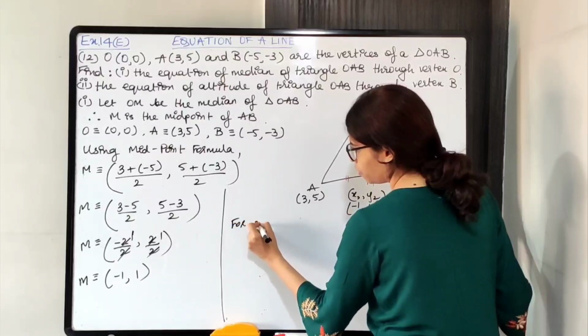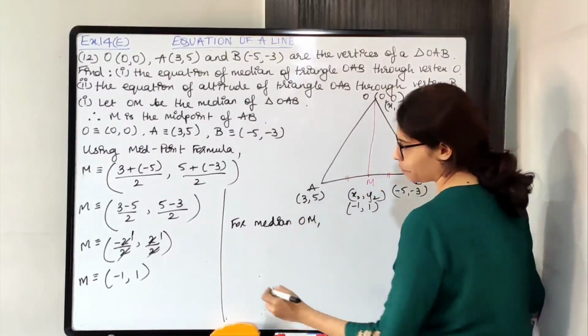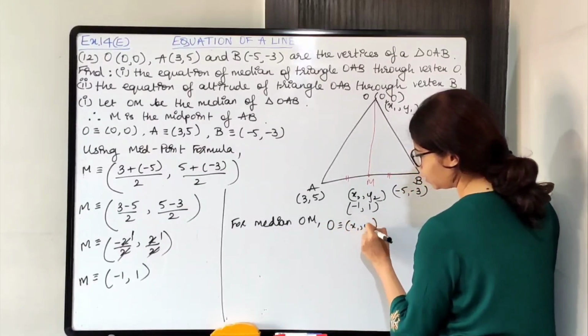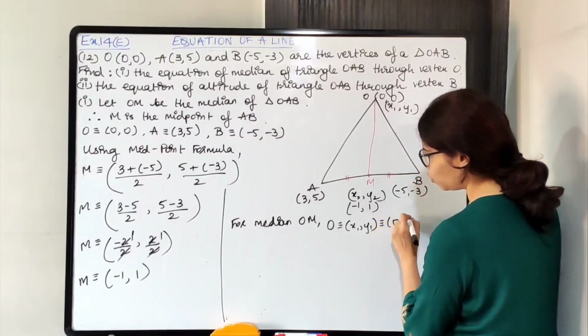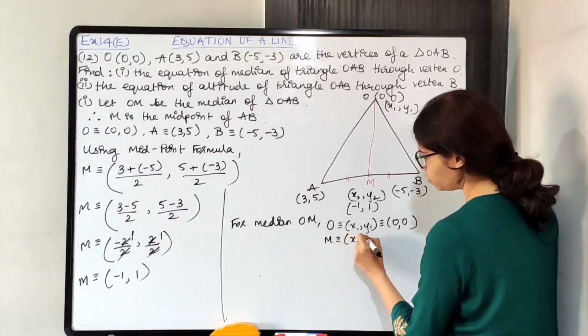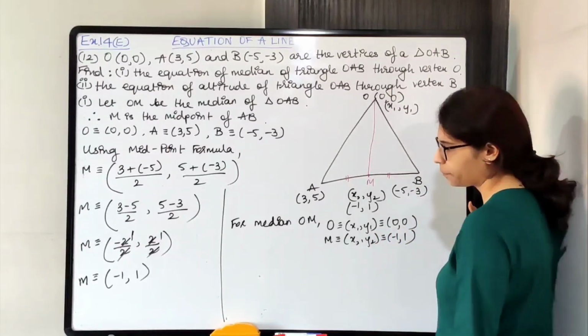So for median OM, O we are taking as x1, y1 which is 0, 0. M is x2, y2 which is minus 1, 1. Okay.